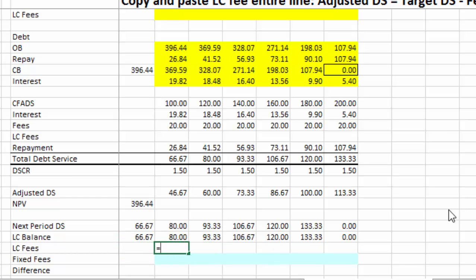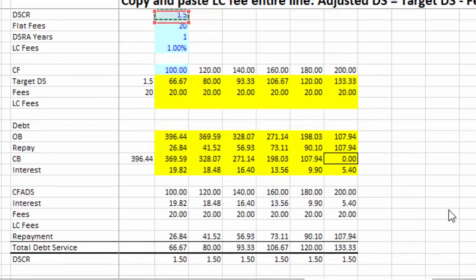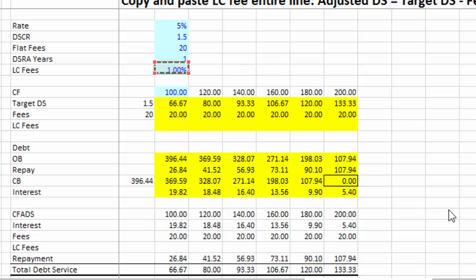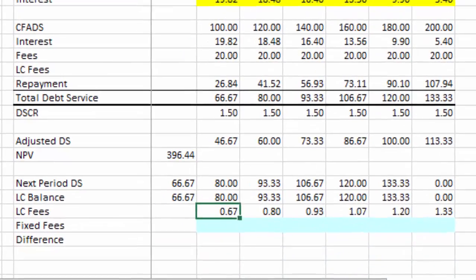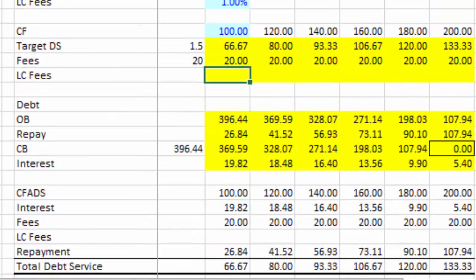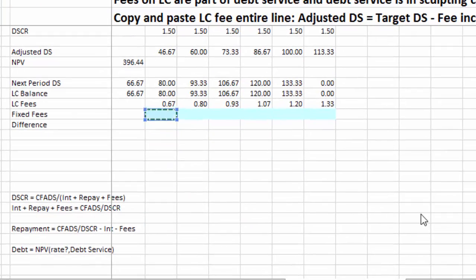Now, if we're making this on the ending balance, we still could take that last number. There's another trick you could have used, but I'm going to say that we're going to multiply that by our fee rate. That's our fee rate. And then let's try this. So let's try to put the LC fees up here.